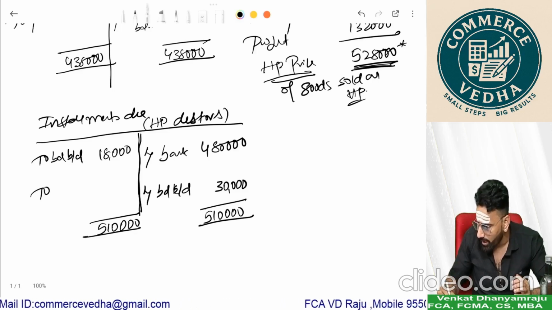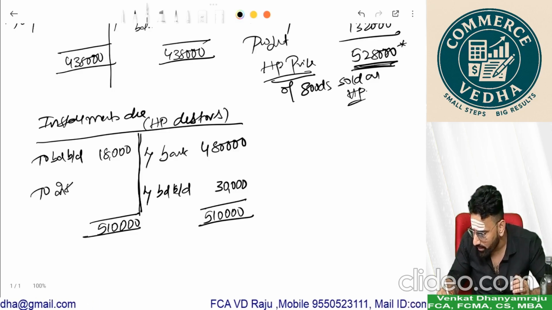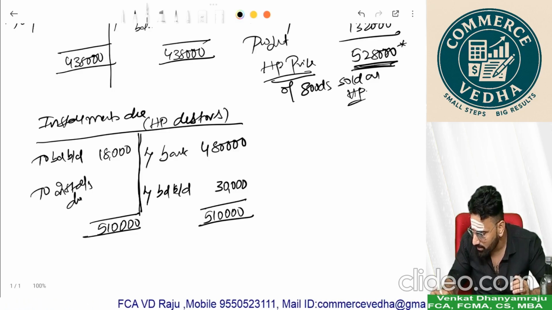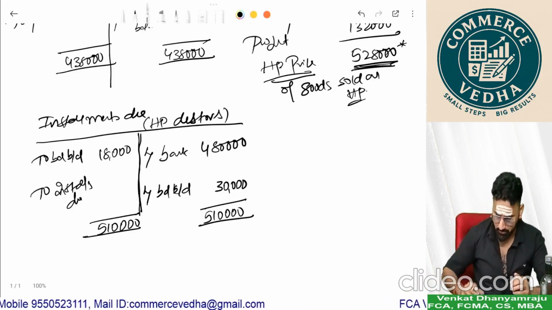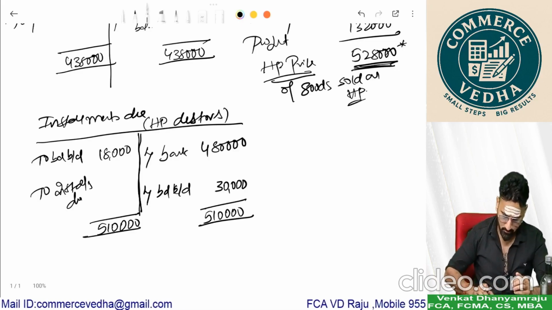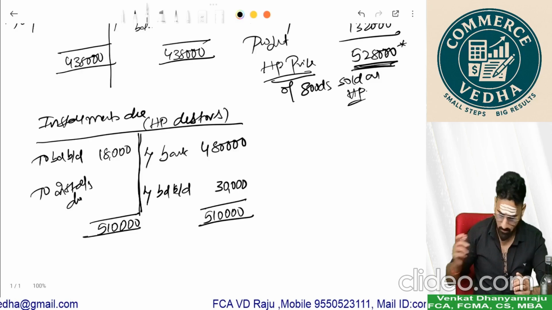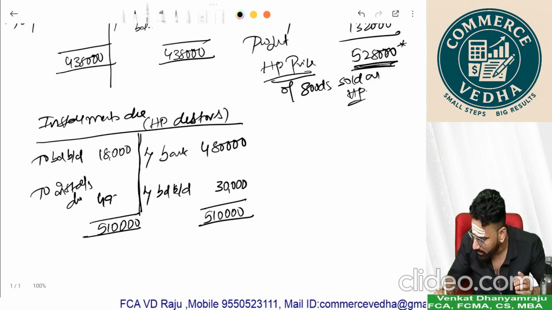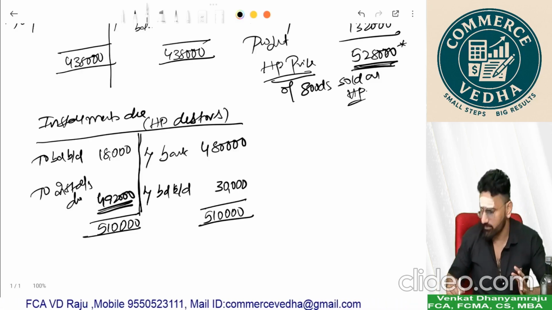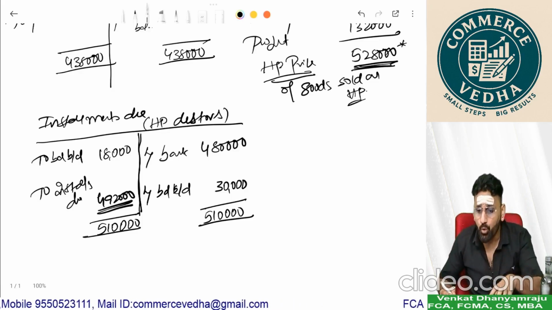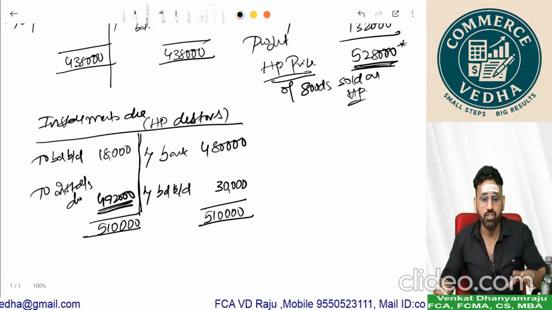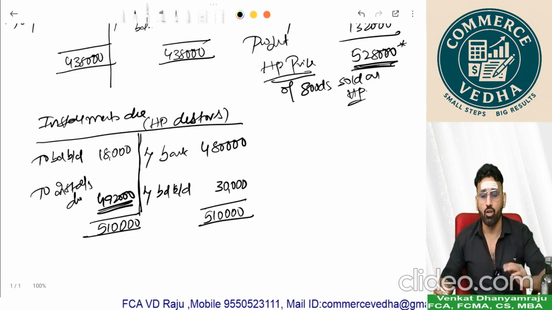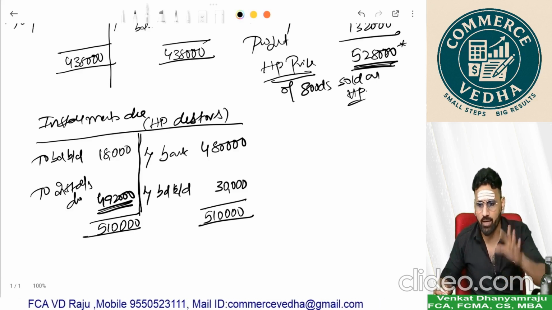So installments due during the year is 510 minus 18,000, 4,92,000. This is installments due during the year. It is actual sales of the year, which is due in the year itself, not due in the next year. It is due in the current year.